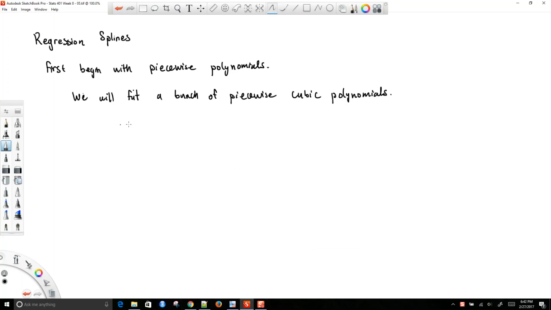Okay, so each cubic function is beta 0 plus beta 1 x_i plus beta 2 x_i squared plus beta 3 x_i cubed plus epsilon. So we'll say this is y sub i.